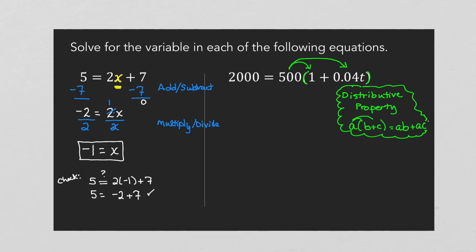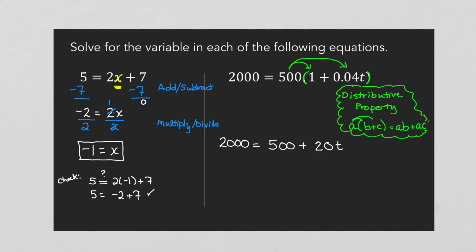So let's multiply that through and let's see what we get. That's 2,000 on the left side, but on the right side, we're going to multiply through. 500 times 1 is just 500, plus 500 times 0.04t is just 20t.